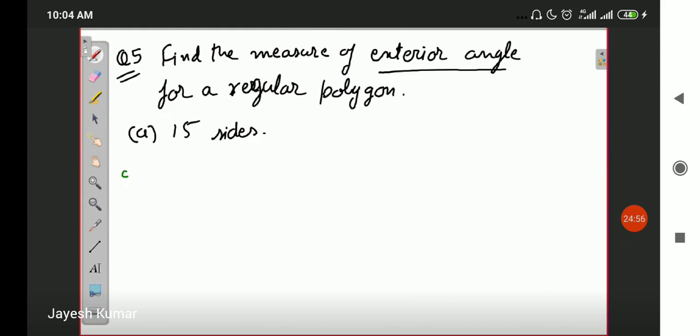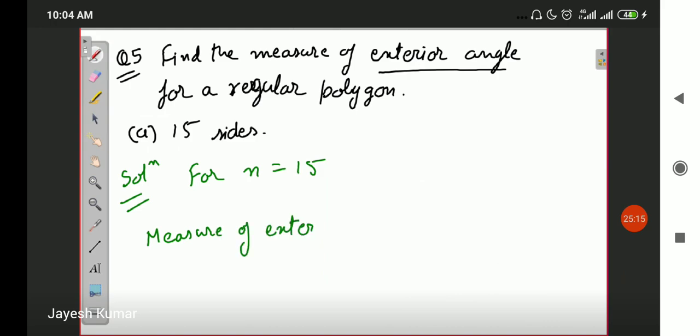So for this, n is equal to 15. There are 15 sides, so n is 15. Now the measure of the exterior angle. Let me write down the formula first of all.